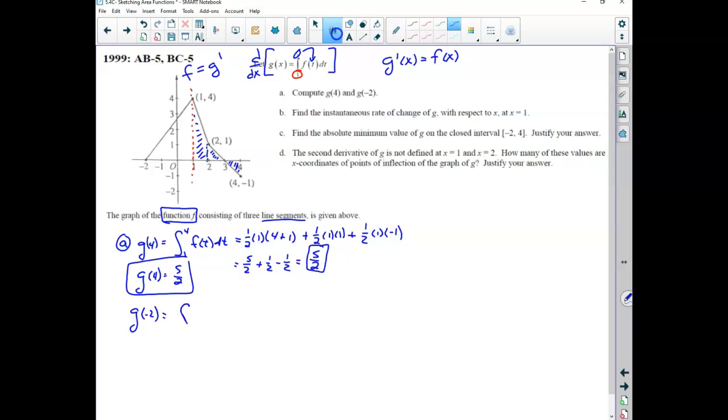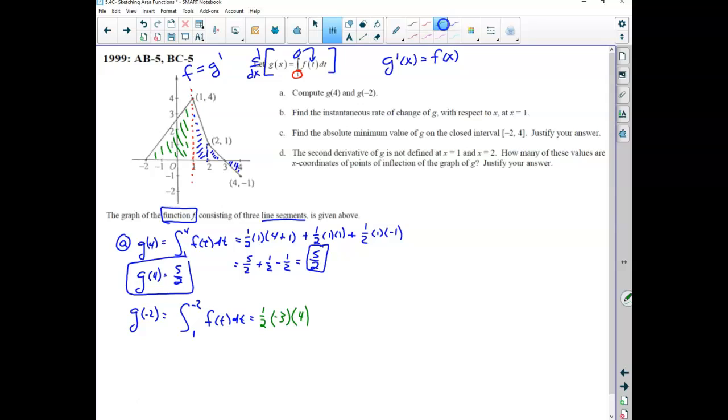Well, that's going to equal the integral from 1 to negative 2 of f of t dt, which equals, hey, that's going to be all of this. Now notice I'm accumulating area to the left. So that's going to be a triangle at 1/2 times all my delta x's. All my delta x's are going to be negative, times all my positives is going to be 4.